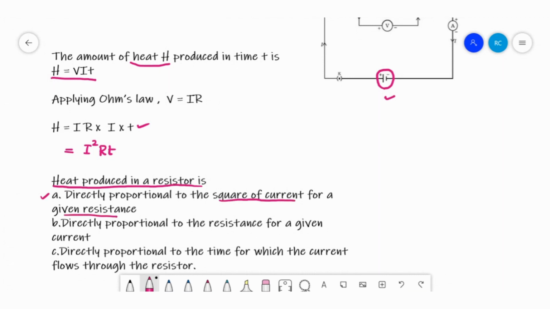H is directly proportional to the square of the current for a given resistance, directly proportional to the resistance R for a given current, and directly proportional to the time for which the current flows through the resistor. Which means H is equal to I square RT, and this is known as Joule's law of heating.